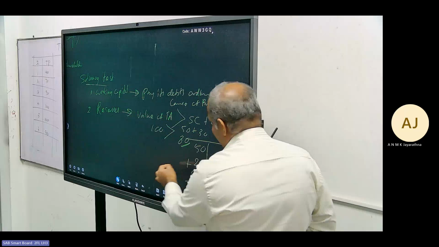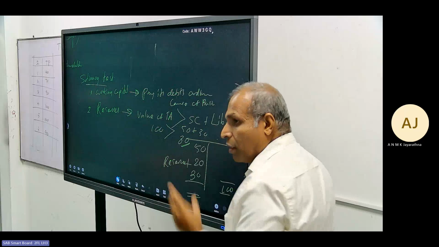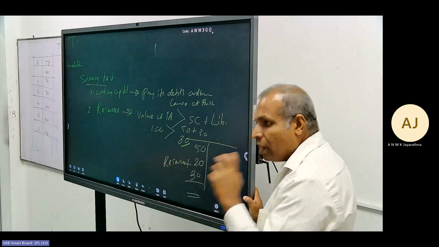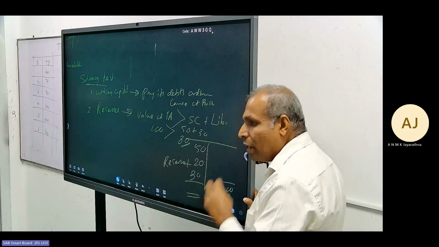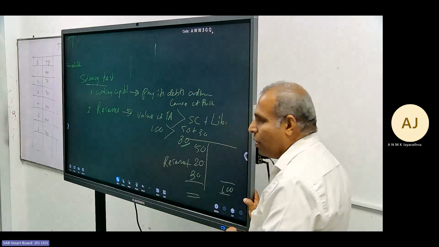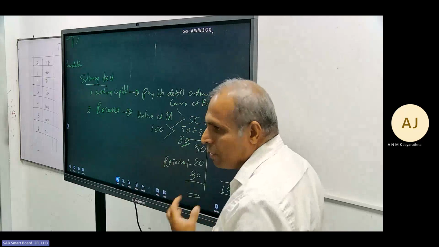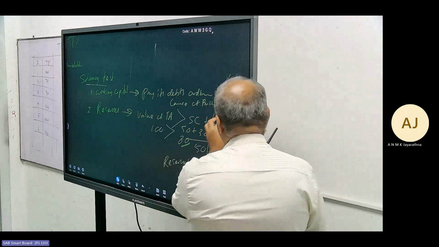That is reserves. If the balance were minus, that would be a loss of capital, an accumulated loss. But here it is reserves, or accumulated profits. This is the test.